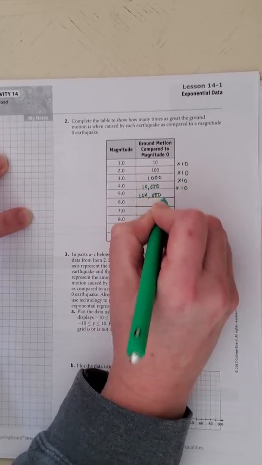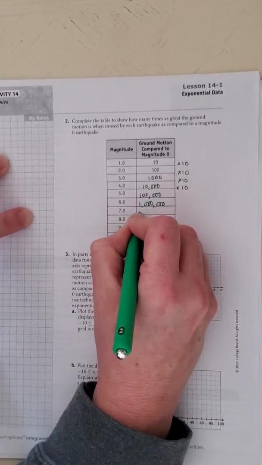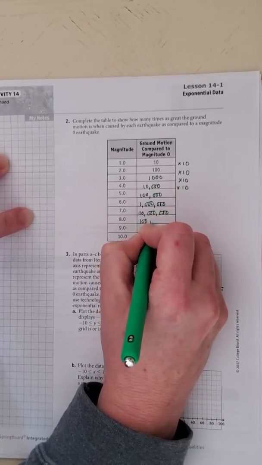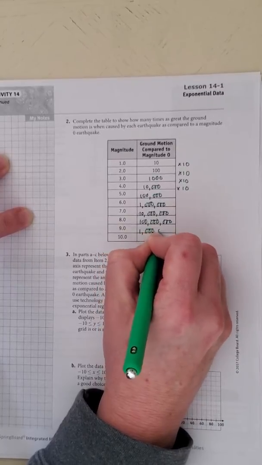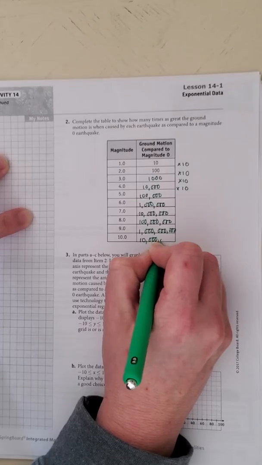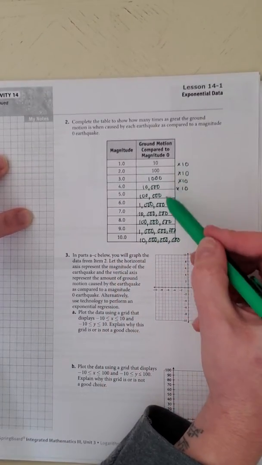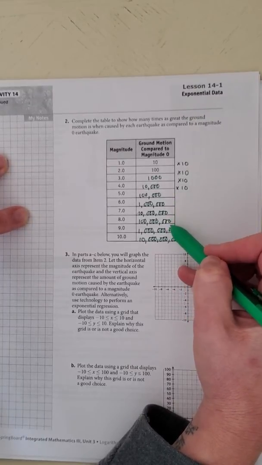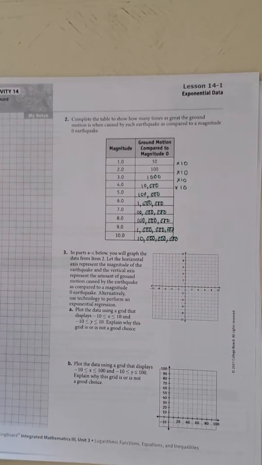So I'm going to fill in my chart. Please verify that you have the same values in your chart. Okay, so we're at 10, 100, 1,000, 10,000, 100,000, 1 million, 10 million, 100 million, 1 billion, and 10 billion.